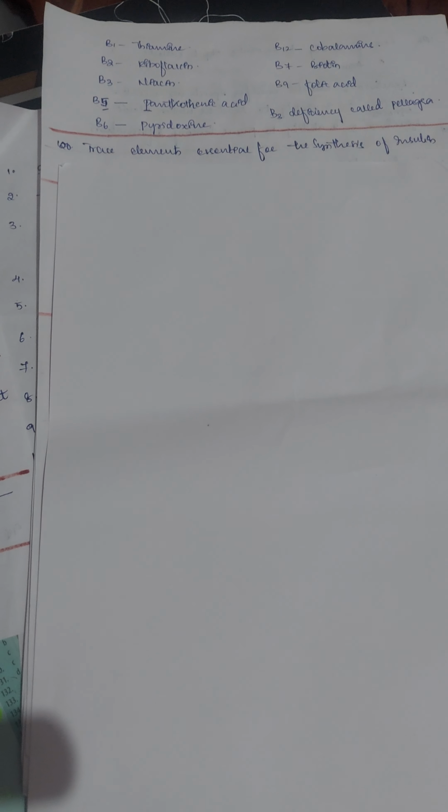Okay, the next question: trace element essential for the synthesis of insulin. So which trace element? Cobalt, iron, zinc, or sodium. The answer is zinc. Okay, then essential amino acids.